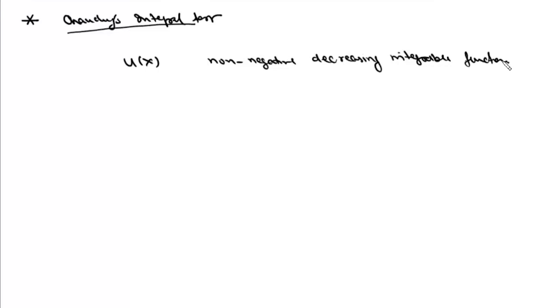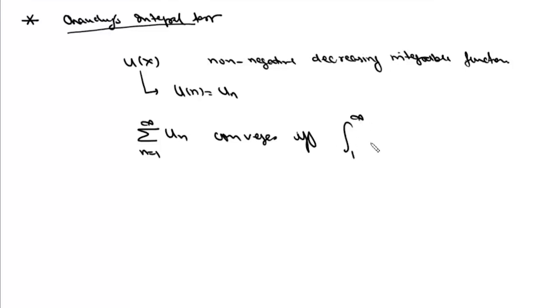Now this Cauchy's integral test, it says if we have a function ux which is non-negative decreasing integrable function, which is associated with the sequence un, which we can write as un for all positive integral values of n, then we say this series summation un, where n varies from 1 to infinite, it converges if and only if this integral from 1 to infinite ux dx is convergent.